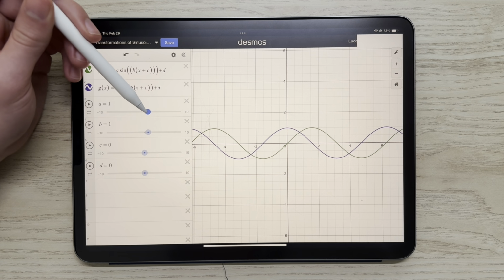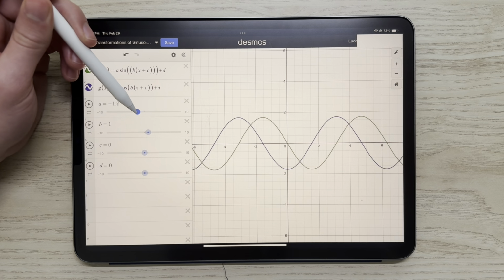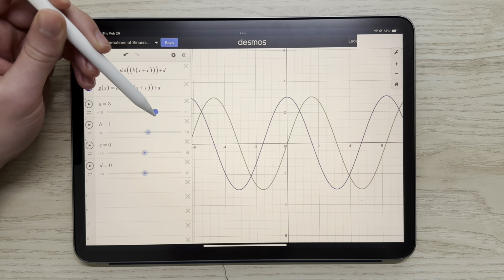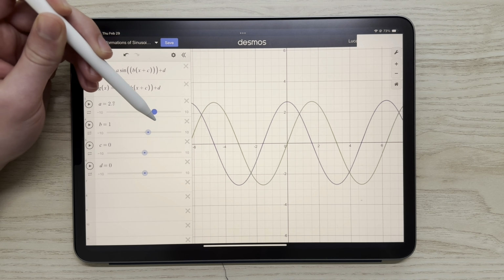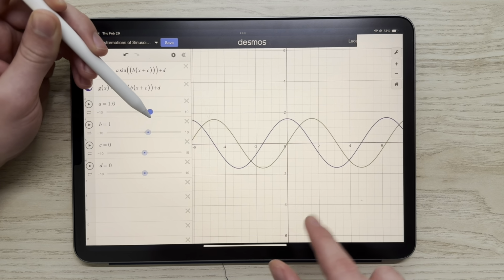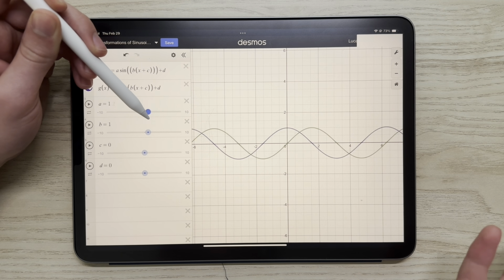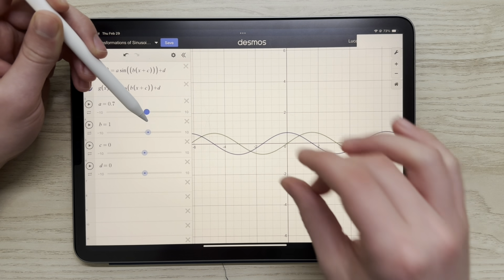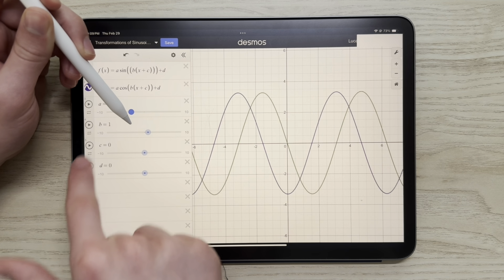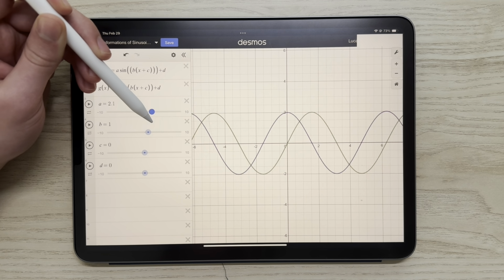Using this slider, I'm going to show how you can see that these waves stretch up and down. Their center doesn't move because their center has a value of 0, but the rest just stretches. And when I make a negative, it flips over the x-axis.